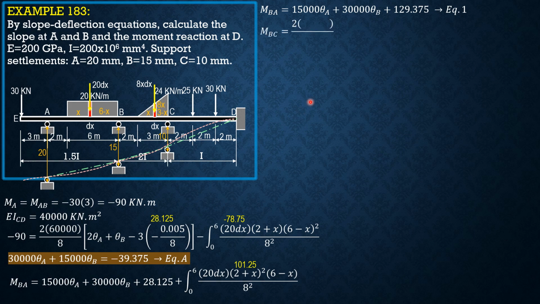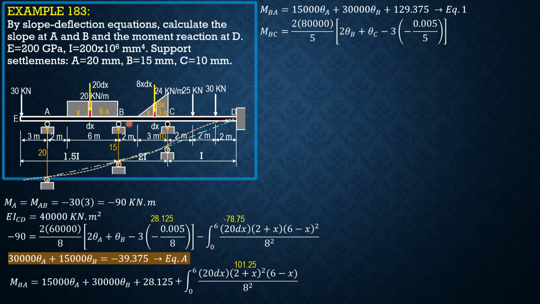So MBC equals 2 times 80,000 over 5, quantity 2 theta B plus theta C minus 3 times negative 0.005 over 5.